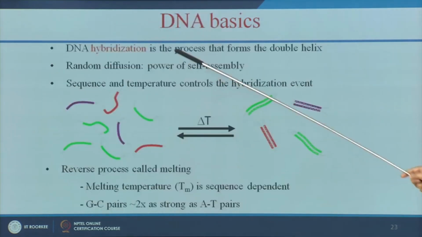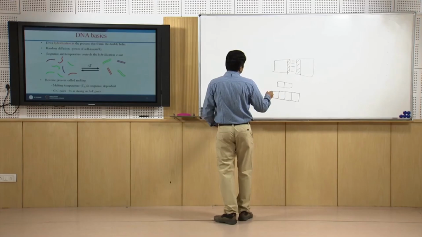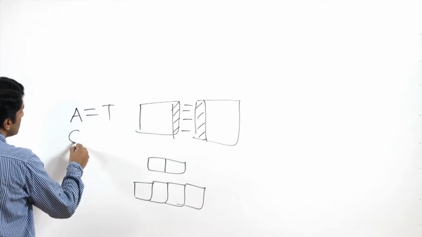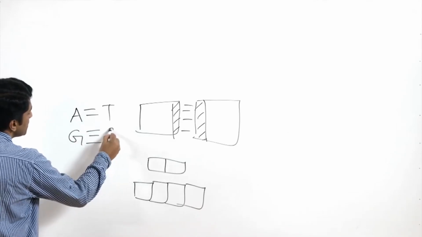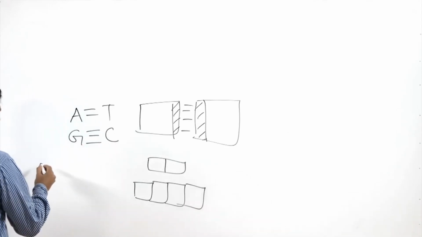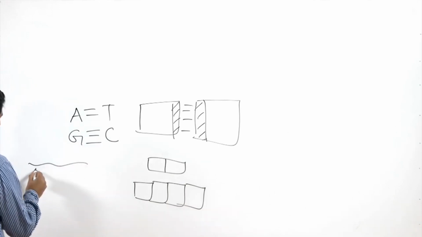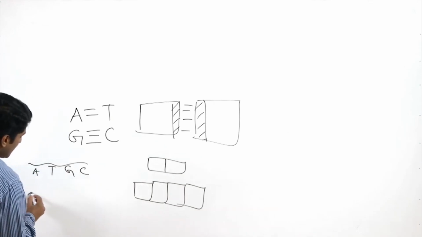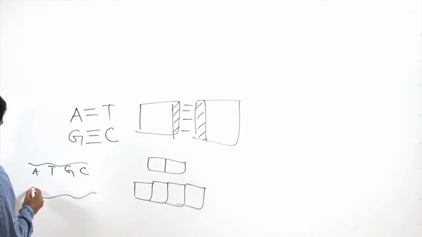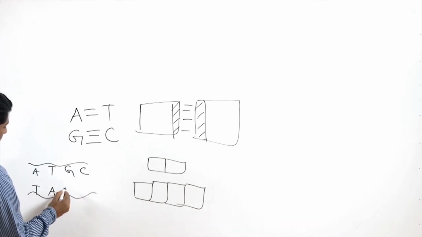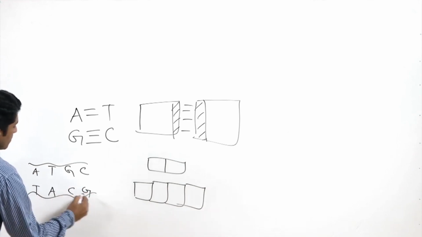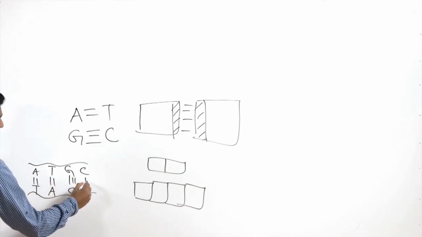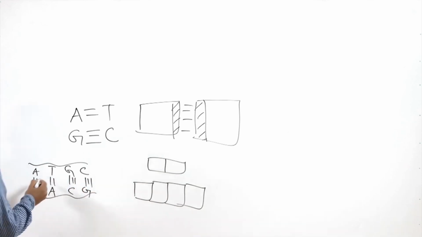So, let us see what DNA hybridization is. As I told you, A always forms bonds with T and G always forms bonds with C. When you have DNA like this, and this is the complementary other strand, it forms hydrogen bonds.